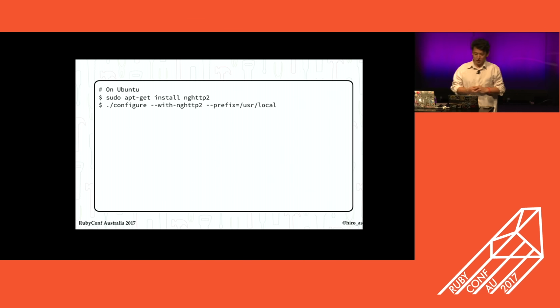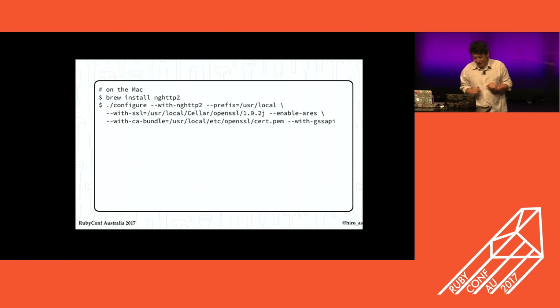On Ubuntu, you get the nghttp2 package, new generation of HTTP2, which means HTTP3, but it is not. You can configure it from source and just do it. Same with the Mac.